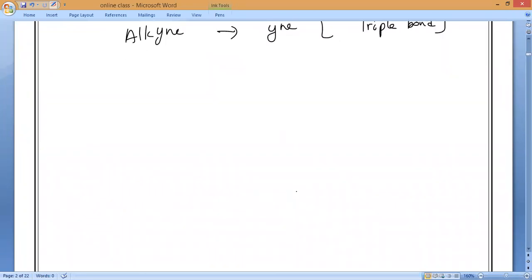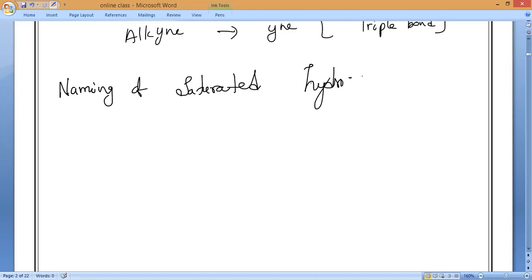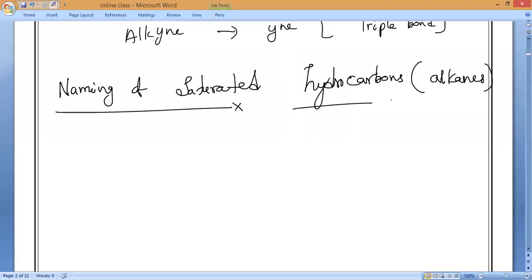So, naming of saturated hydrocarbons, which are also known as alkanes, or we can also say nomenclature. That is what you have to remember.